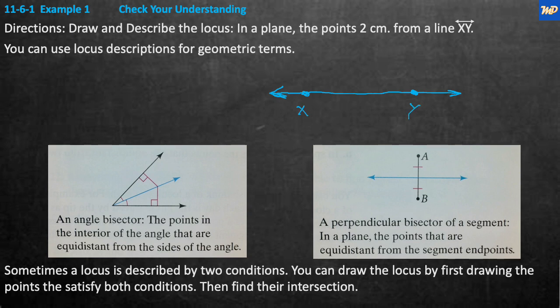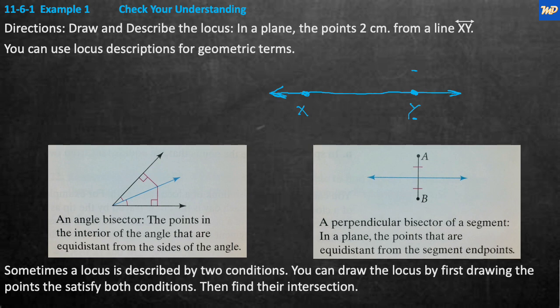So we have a line and points X and Y, and it says draw in a plane the points 2 centimeters from the line. So you can use the locus description. But what I'm going to do is pretend 2 centimeters is up right about here and about right here. Okay, so I'm going to go to red.